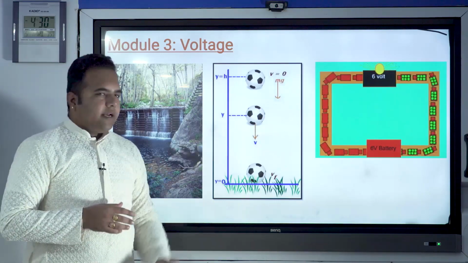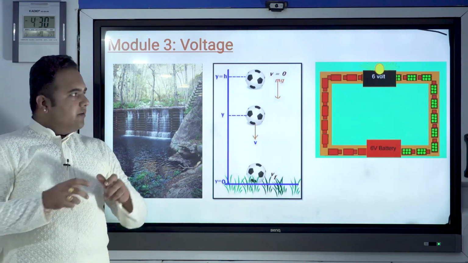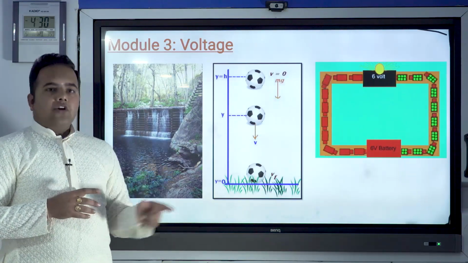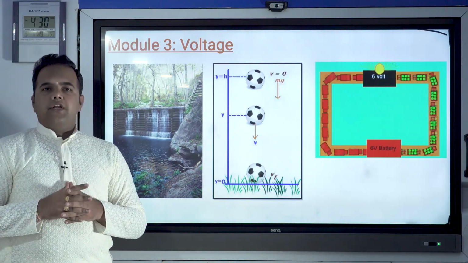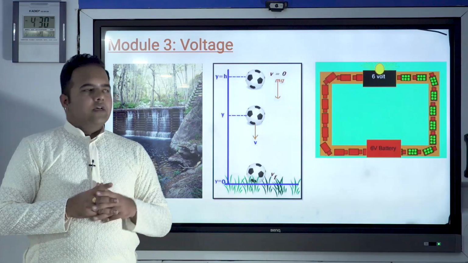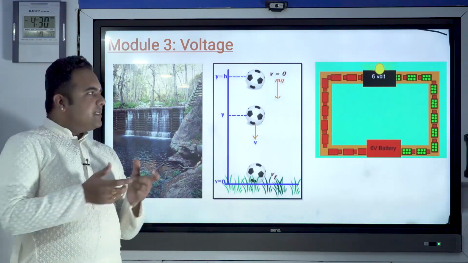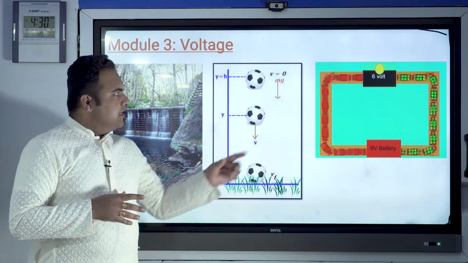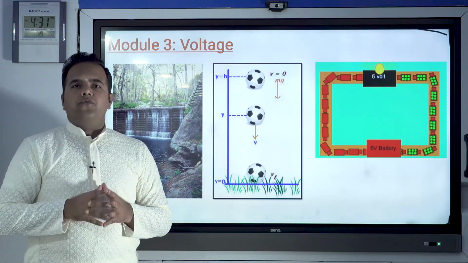Similarly, in our electrical circuits, we need to have a wire, and the electrons in the wire are still there, they are not moving. Once we apply an external force or an external difference, what happens? The electrons start to move.